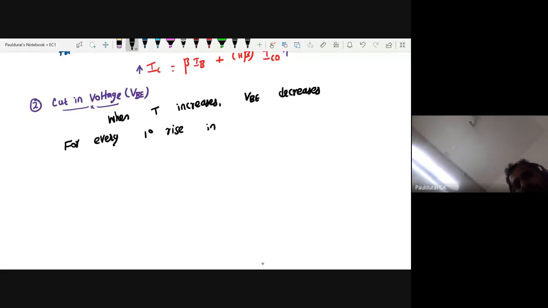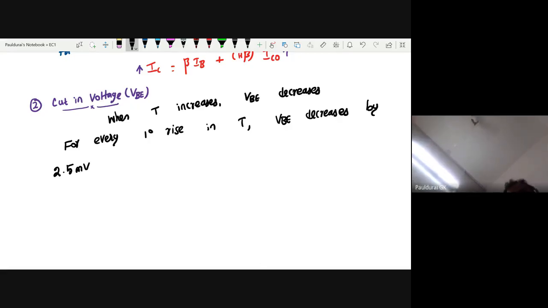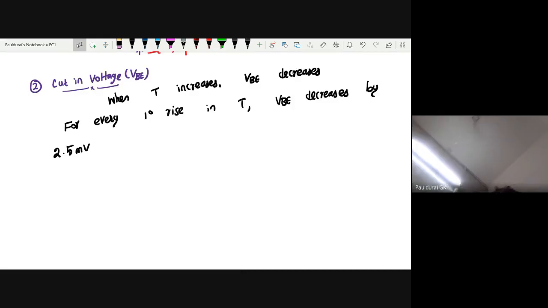For every 1 degree rise in temperature, where T stands for temperature, VBE decreases by 2.5 millivolt. Please make a note, based on experiment: when temperature increases by 1 degree, the VBE decreases by 2.5 millivolt.